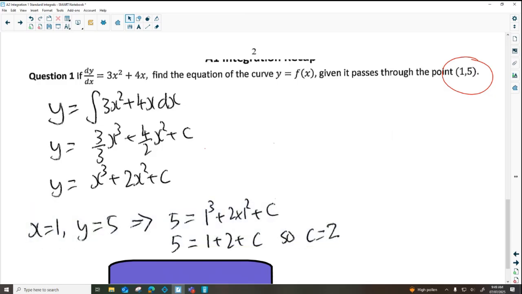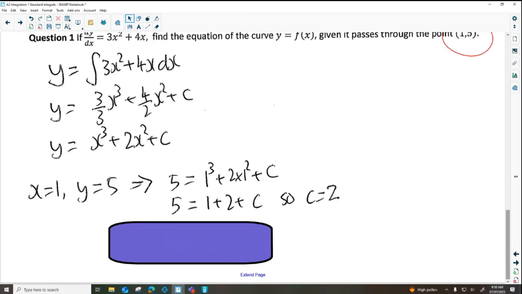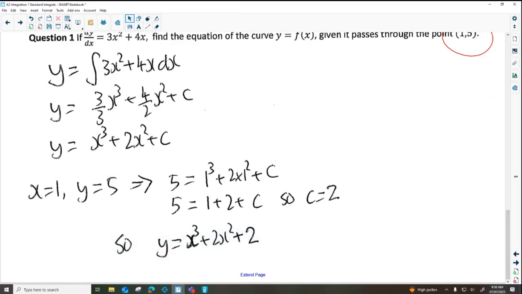If you substitute that into the equation, you get 5 is 1 cubed plus 2 times 1 squared plus c. That simplifies to 5 is 1 plus 2 plus c. If you take away 1 and take away 2, you get c is 2. So therefore, the equation of the curve in the form y equals f of x is y equals x cubed plus 2x squared plus 2.